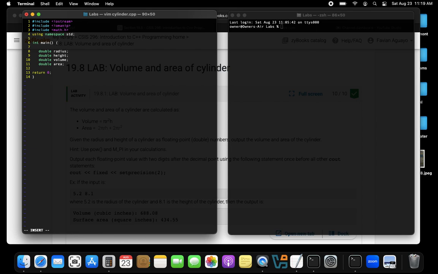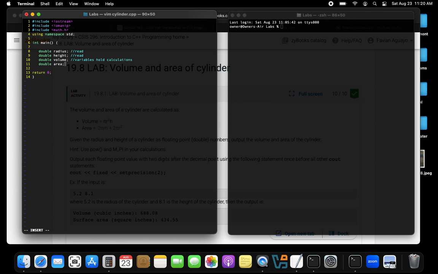Okay, so radius and height are going to be read from the keyboard, right? Volume and area are variables to hold calculations, right?